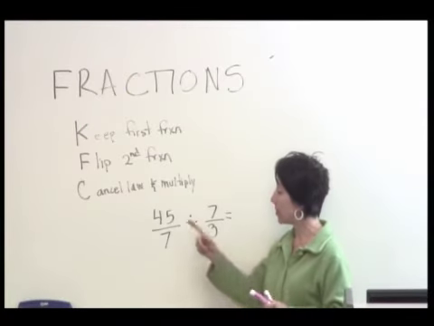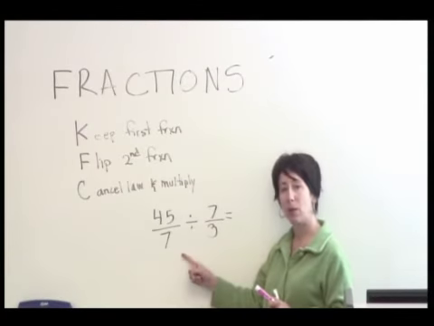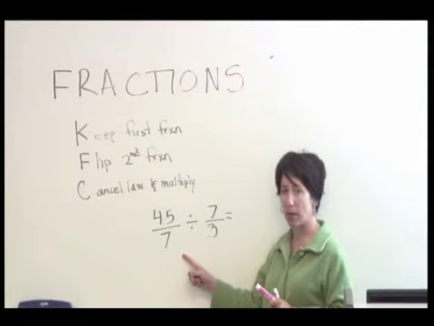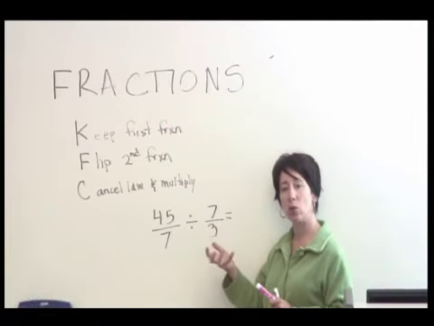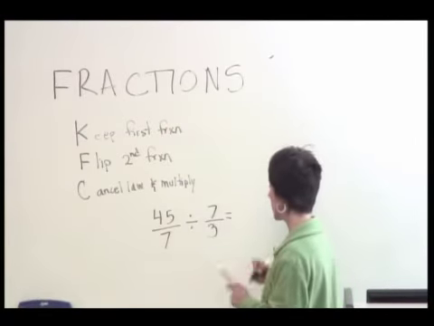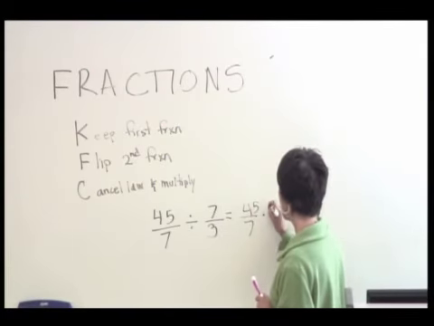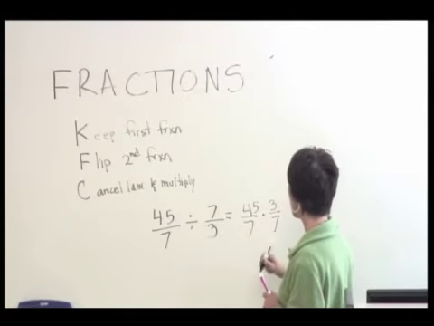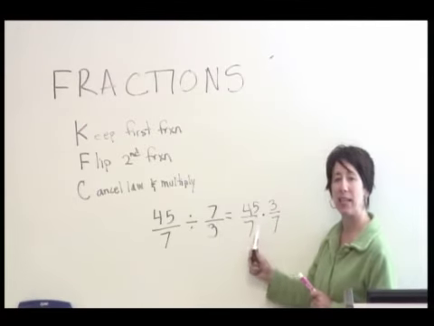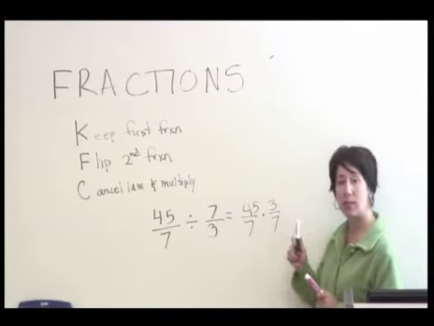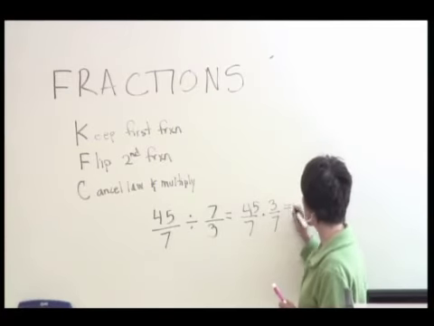Now, it may be tempting to use our cancel law here, but if we do, we're going to end up with the wrong answer. We can't use our cancel law until we flip the second. So if we look at this, 45 over 7 times 3 over 7, I have nothing that I can cancel out here. So in this case, I'm just going to have to multiply across.